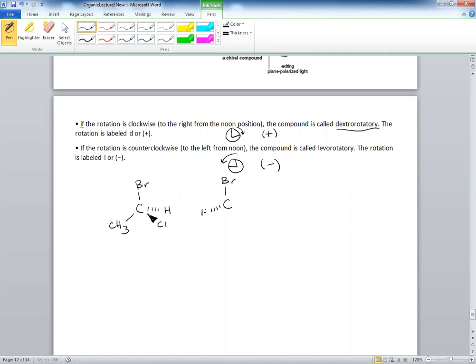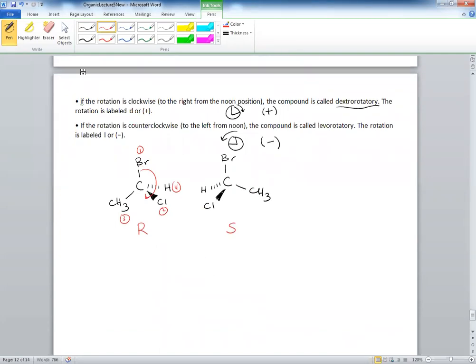It's right here. Now, if we do this, this is 1, this is 2, this is 3, and obviously the H is 4. So that's R. And of course, since this is the enantiomer, this is going to be S.